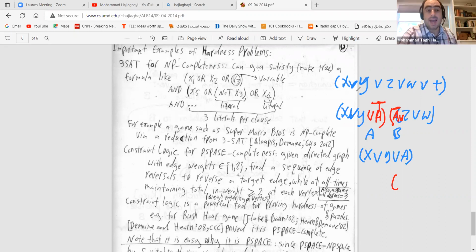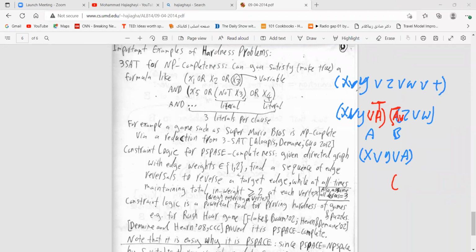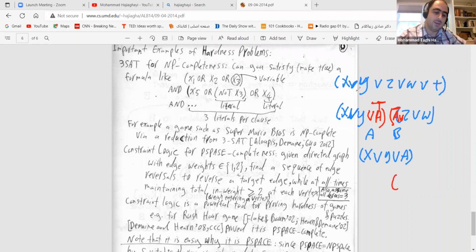About the recursion, you need to be careful, because in some sense in the recursion you are adding new variables, so you need to make sure the size goes down. For example, you may add X, Y, another variable maybe A here, and then you need to add A bar here.